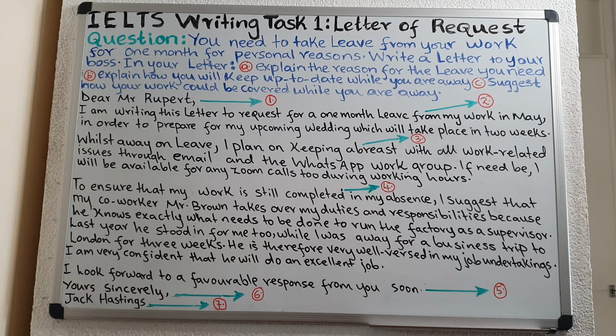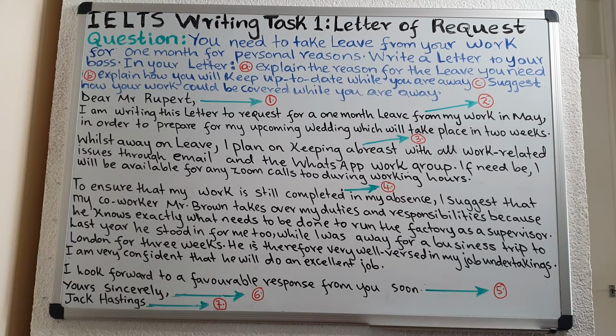Now, to begin the lesson, I'm going to give you some really important information on how to write your IELTS Writing Task 1. The first thing that is important to remember is that you get 20 minutes to write your Task 1. Normally, you get 1 hour, that is 60 minutes, to write your Task 1 and your Task 2.